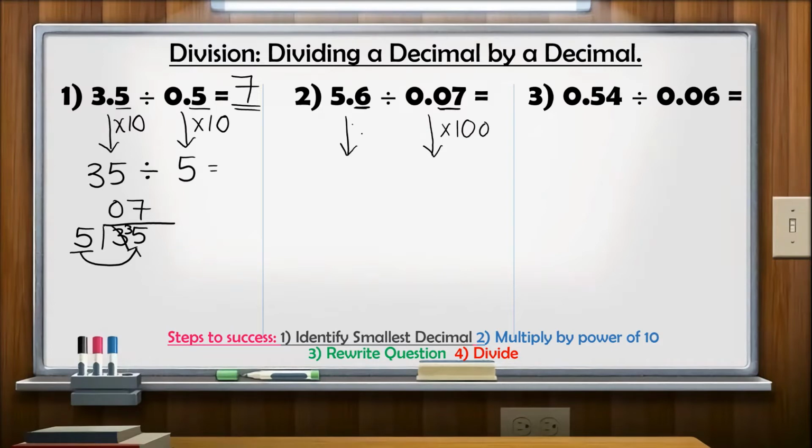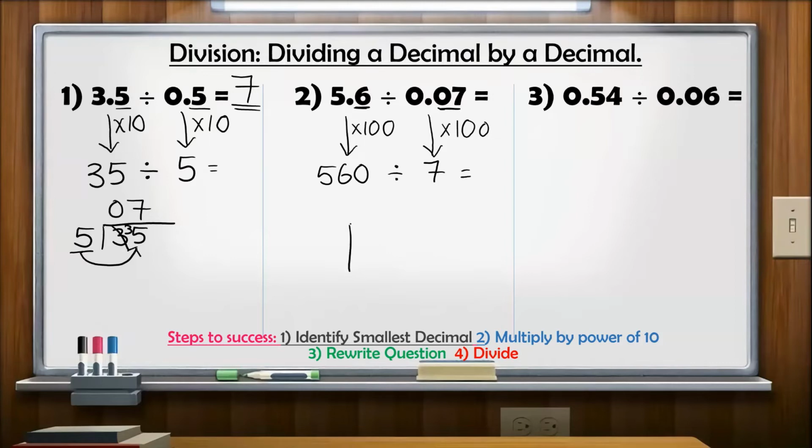So 5.6 is also going to be multiplied by 100. Now I'm going to move on to step 3, where I'm going to rewrite the question. So 5.6 now becomes 560, and 0.07 becomes 7. So my new question is 560 divided by 7.